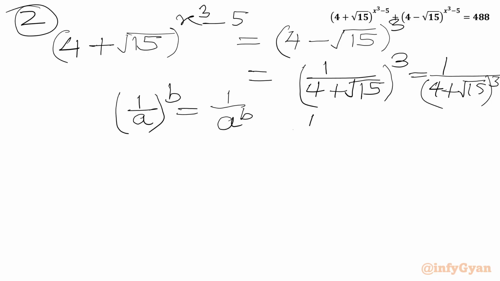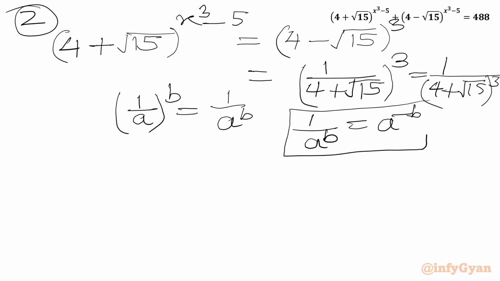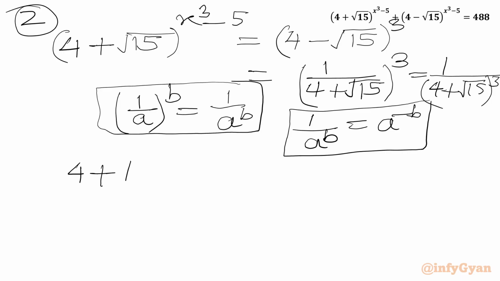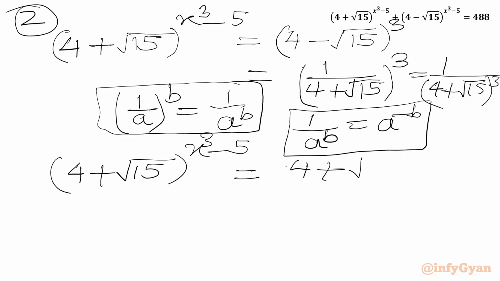Now 1 over a power b can be written as a power minus b. This is our second exponent law, which we are going to use in the RHS. So I can write 4 plus square root 15 with power x cube minus 5 equal to 4 plus square root 15 with negative 3 power. Now our bases are the same, so we compare exponents.